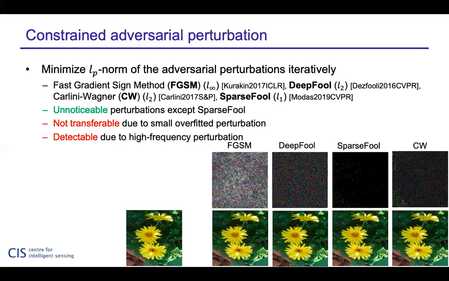As you can see in the images in the bottom right, most of them, except SparseFool, produce unnoticeable perturbation, while they are not transferable because they are small and overfit to one particular classifier. In addition to this, constrained perturbations often have high spatial frequency that can be detected by defenses.